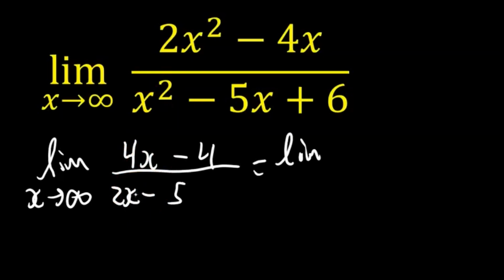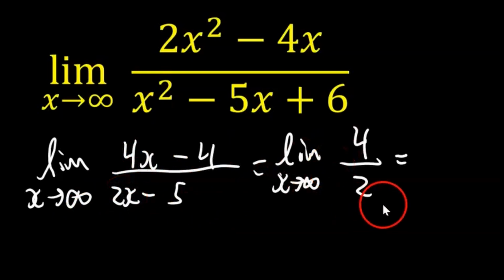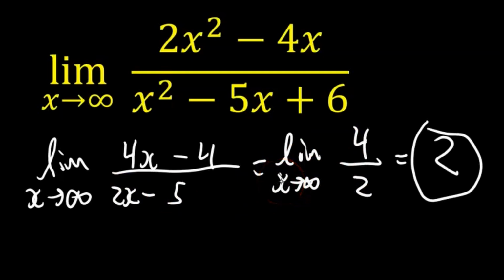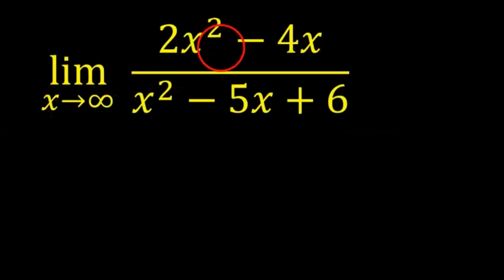This is equal to the limit as x goes to infinity of the derivative of the numerator, which is 4, over the derivative of the denominator, which is just 2. So 4 over 2 is just 2. We don't have to plug in x or anything anymore. It just becomes 2.